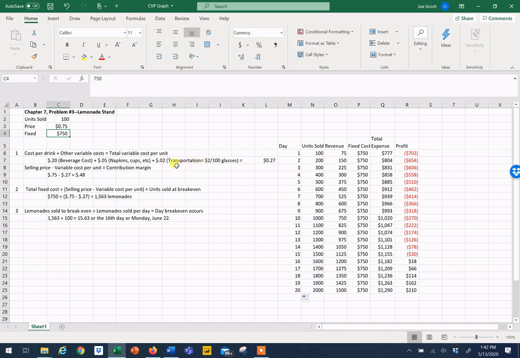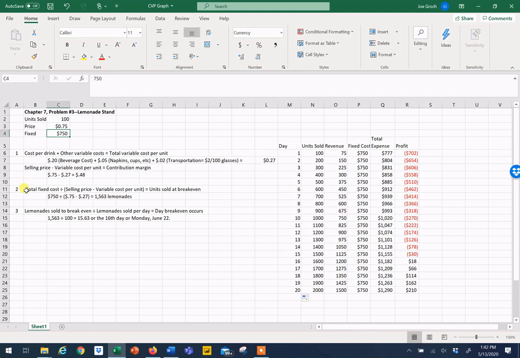It says there's going to be $2 per day, and he's going to sell 100 glasses, so that comes out to 2 cents for transportation cost, right? Because it's a variable cost, it varies by day. So that gives a total of 27 cents variable cost. So if we take the 75 cents that he's selling it for minus the 27, that gives us a contribution margin of 48 cents.